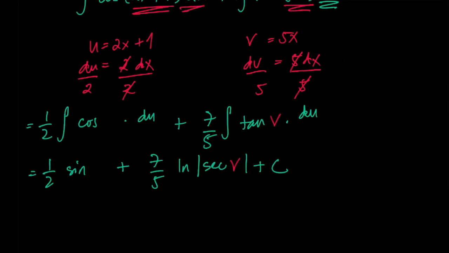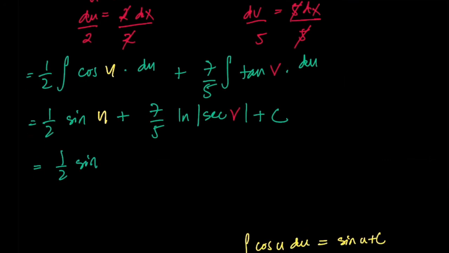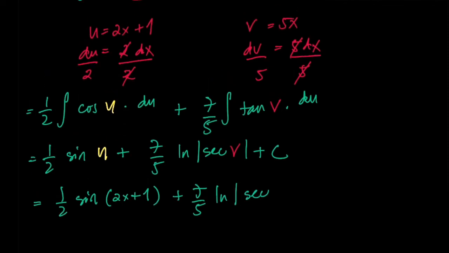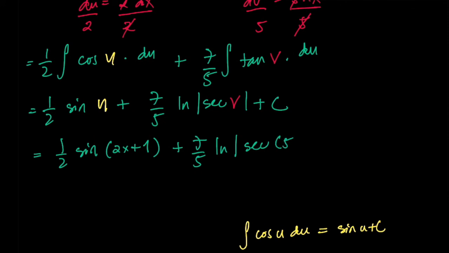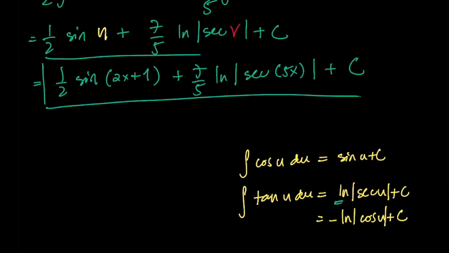And let's make this one u, u. So this part is 1/2 sine of, what is our u? 2x plus 1, plus 7/5 natural logarithm of the absolute value of secant of, what is our v? 5x plus c. So, this is now our final answer.